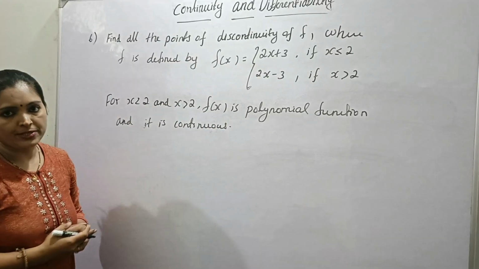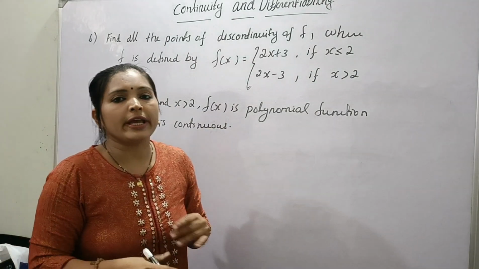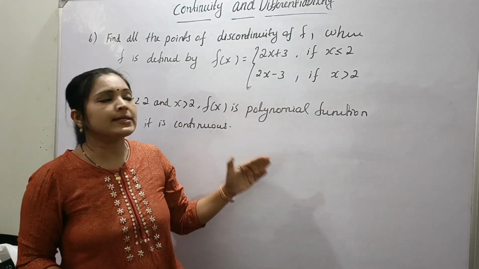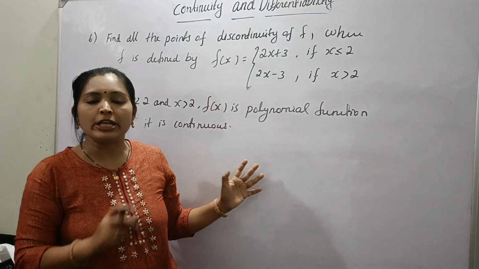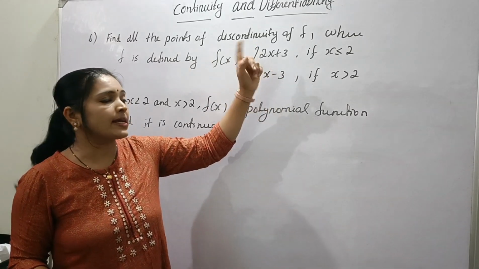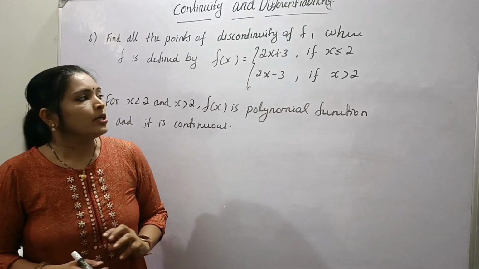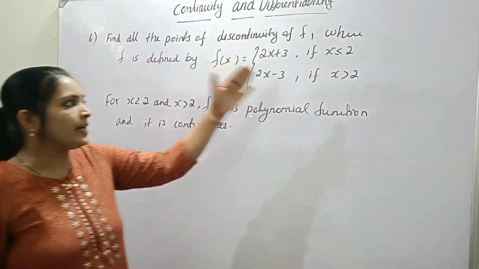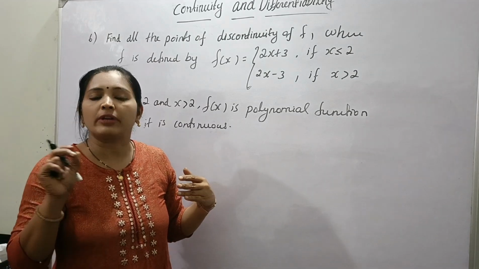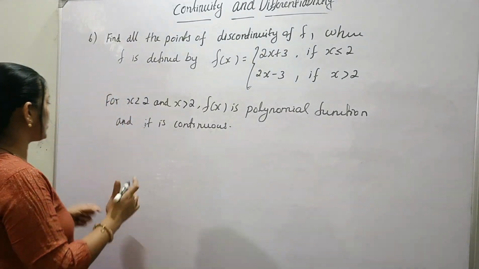Here we have to check whether this function is continuous at x is equal to 2. Individually we have to check this function is continuous at x is equal to 2 or not. So here, our conditions are x less than or equal to 2 and x greater than 2. So we need to check the left hand limit and right hand limit of the function.